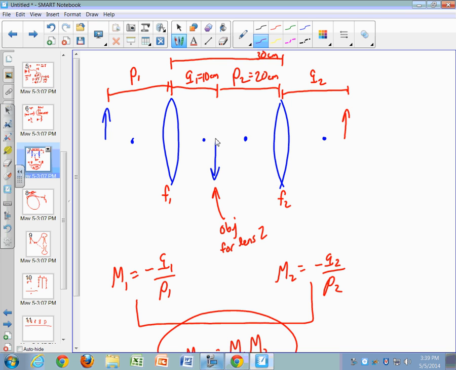Or just add another lens. Is that clear? To get rid of chromatic aberrations, you can add a lens prior to the offending lens, and it won't get rid of it completely, but it can mitigate it.